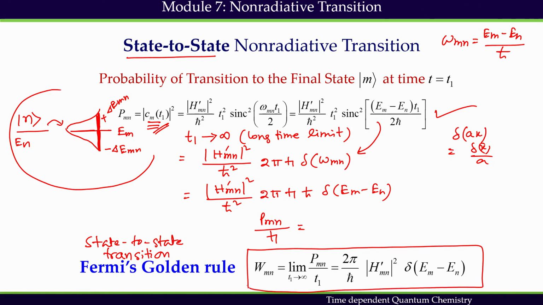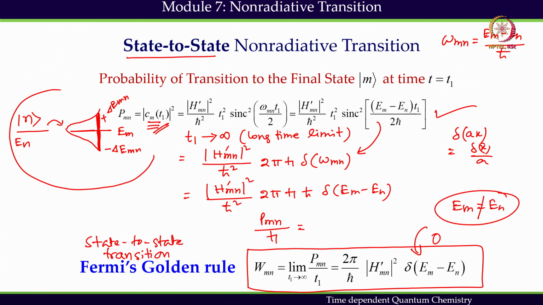So, what we get here is that the presence of a delta function in this equation means that this function will have a finite positive value whenever you have E_m equals E_n. If they are not equal, then this entire value becomes 0.